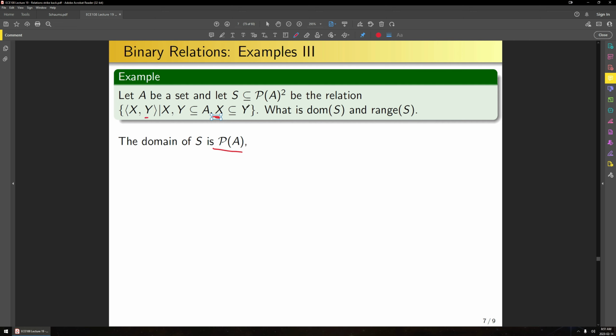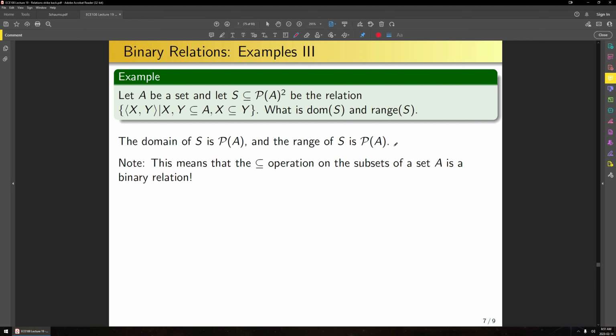Well, Y could be all the way up to A, and Y can also be all the way down to, quote unquote, the null set, right? So if you put those two things together, Y is allowed to be anything you want it to be, as long as it's in the power set of A. So the range is also the power set. Okay, and again, this tells us that the subset operation is one of these binary relations.